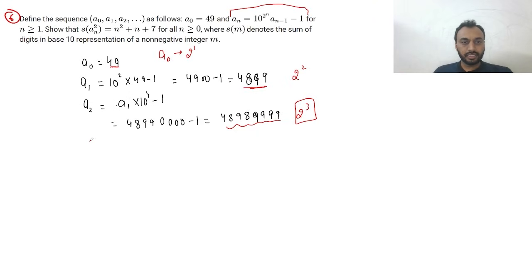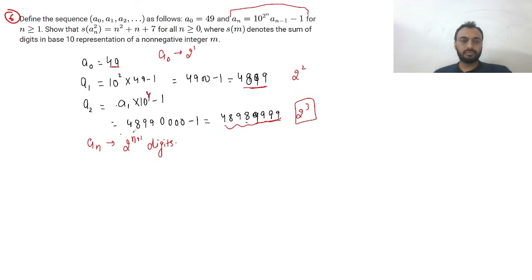So basically An has how many digits? 2 power n plus 1 digits. And also you can see there is a repetition of a pattern: first we have 49, then 4899, then 4898, then 4 nines, right?